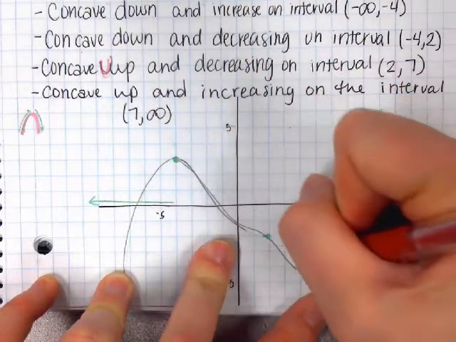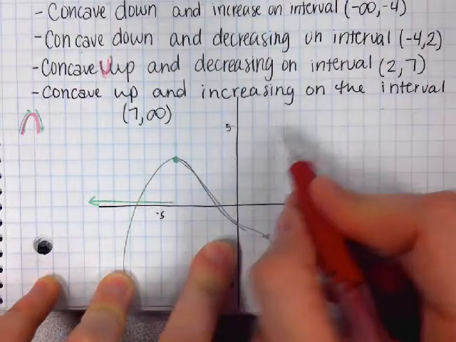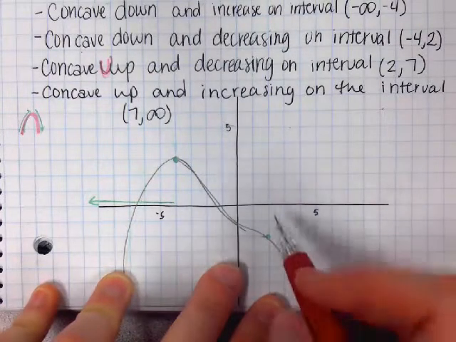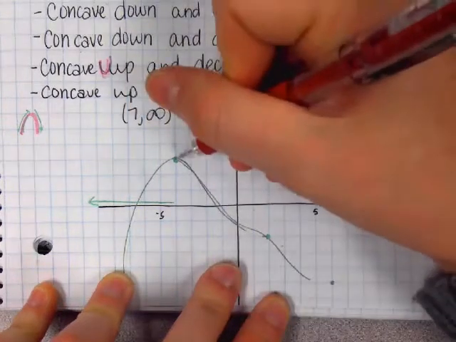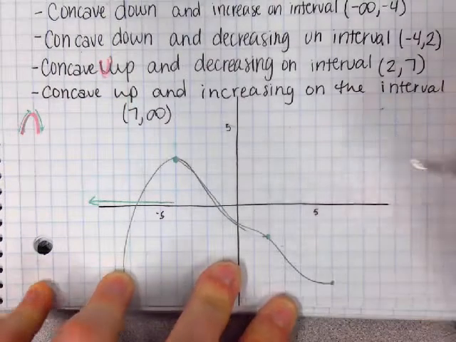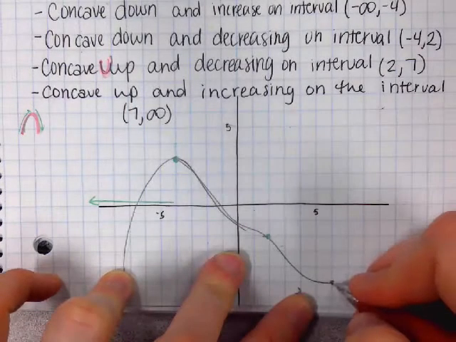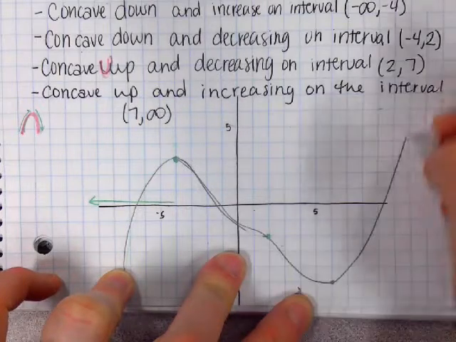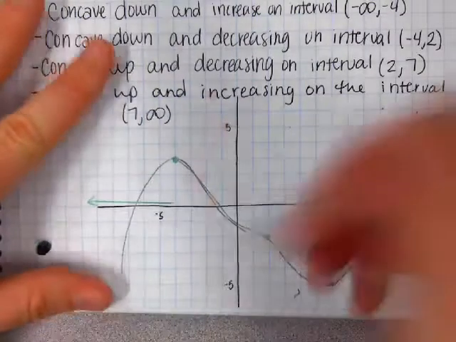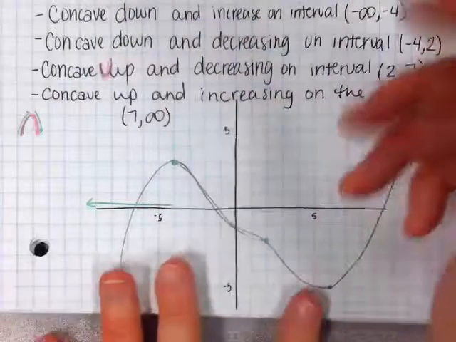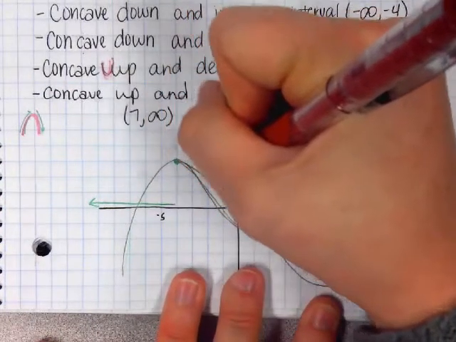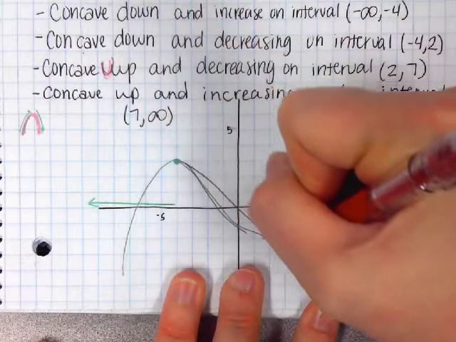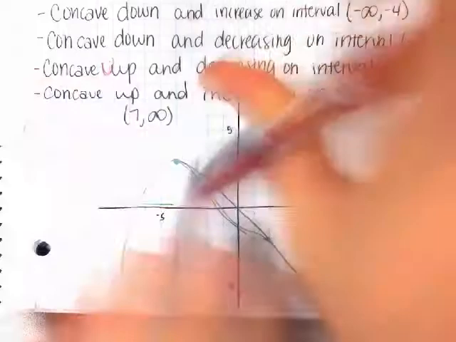So it's going to keep going down from 2 to 7. And then it's going to be concave up, increasing for the rest of it. Okay, so I'm going to draw this line a little bit better just because I had gotten to that point.